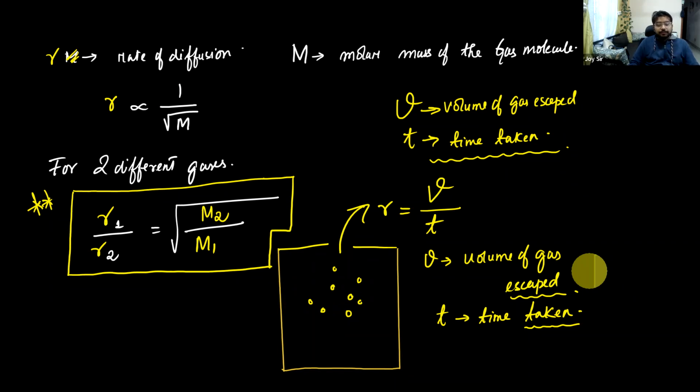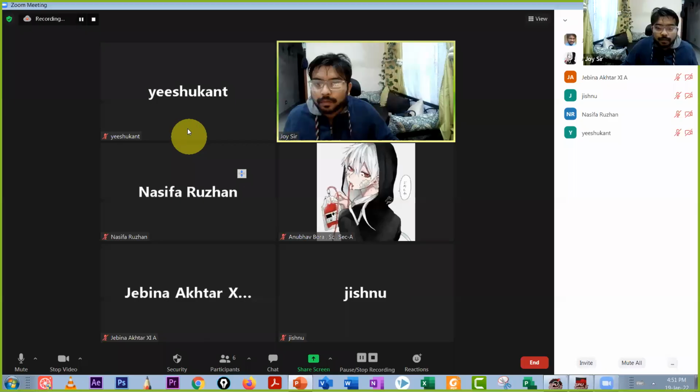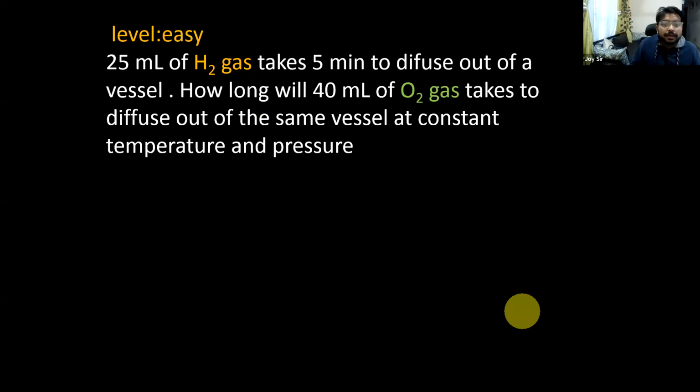Let us take a question. 25 ml of hydrogen gas takes 5 minutes to diffuse out of a vessel.